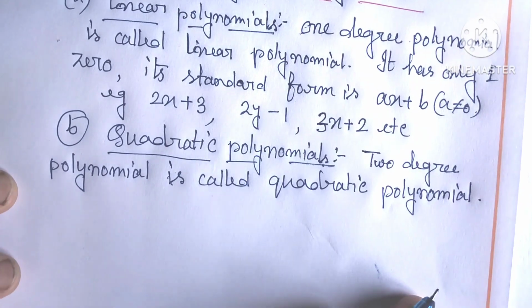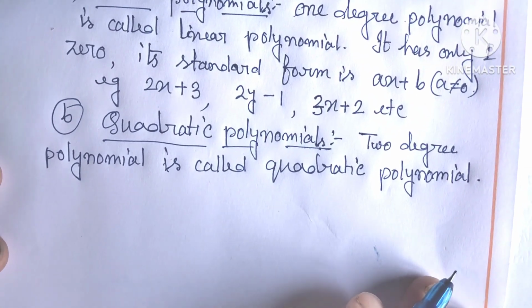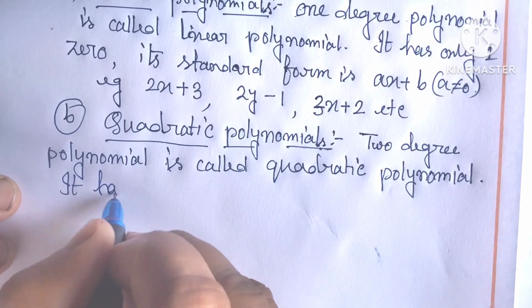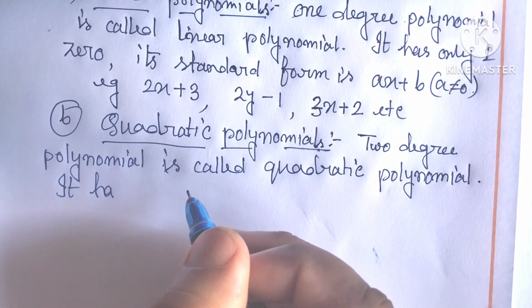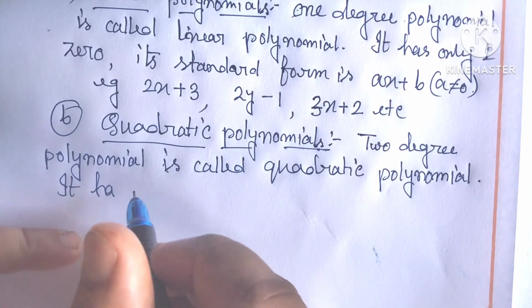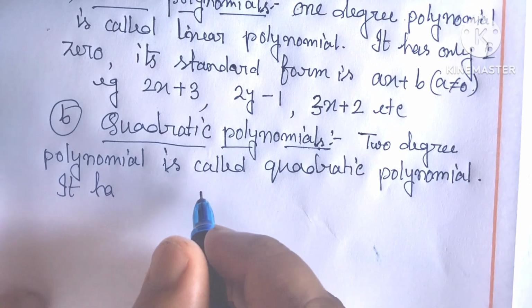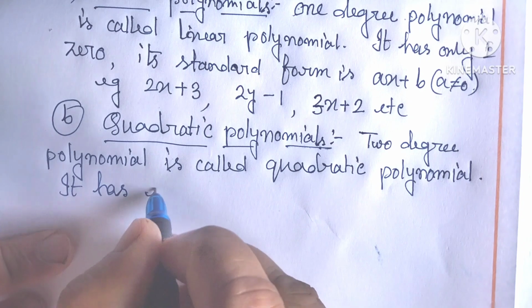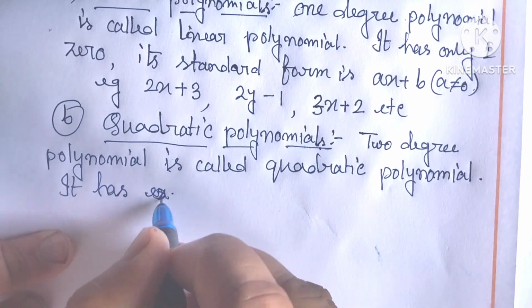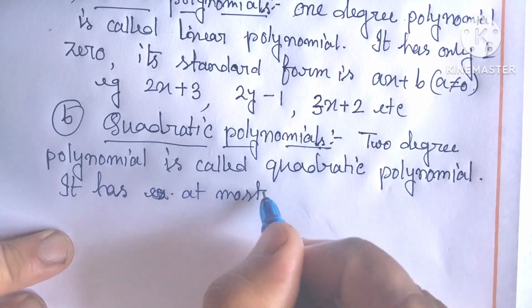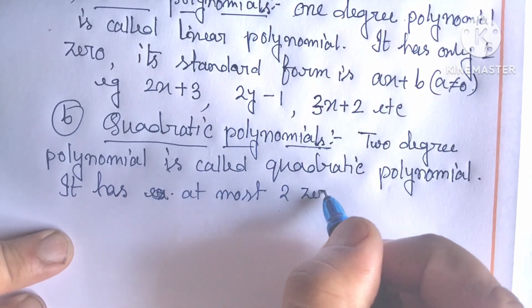An n degree polynomial has n zeros, so degree equals number of zeros. So it has at most two zeros.